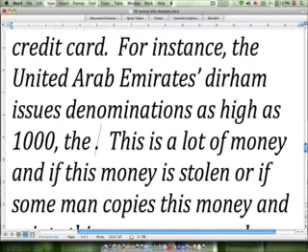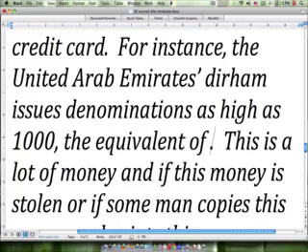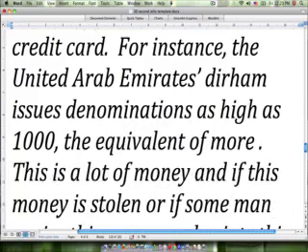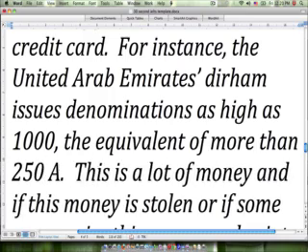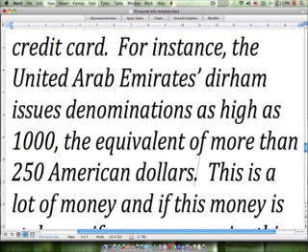And then the equivalent of more than 250 American dollars. For instance, the United Arab Emirates dirham issues denominations as high as 1,000, the equivalent of more than 250 American dollars.